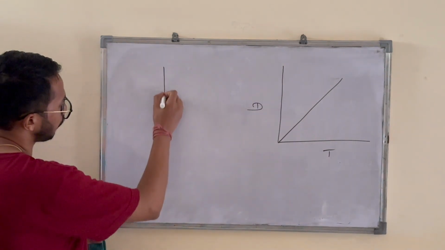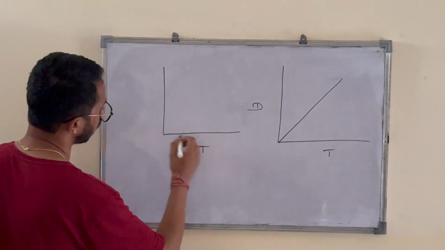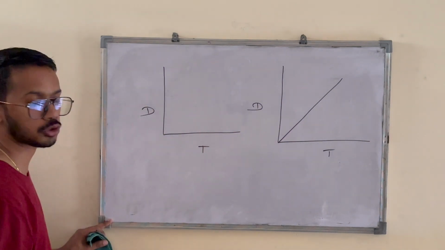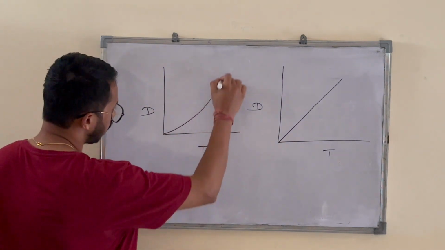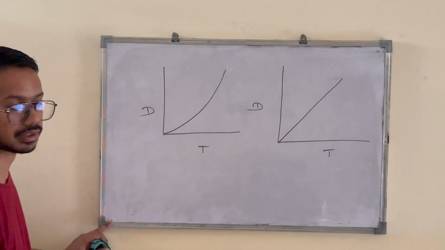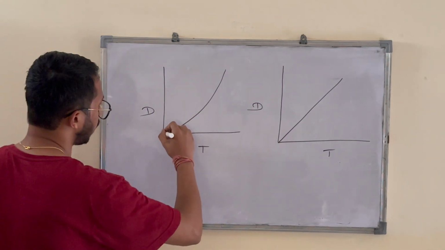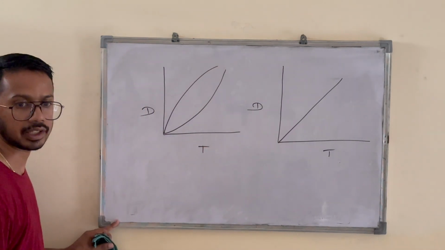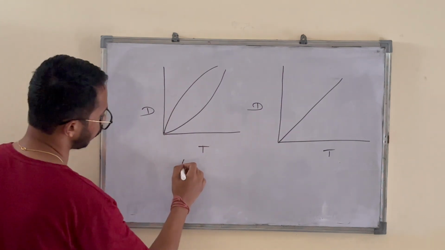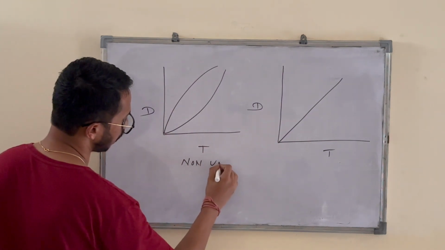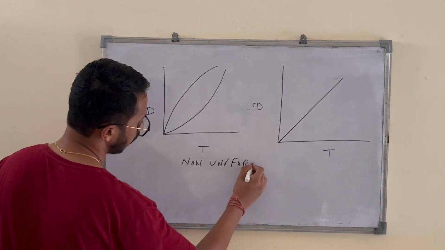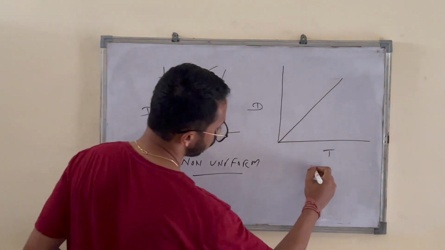Whereas for non-uniform motion, it's a curve bent with certain angles, maybe inward or outward. Either way, the motion is said to be non-uniform, and here the motion is uniform.